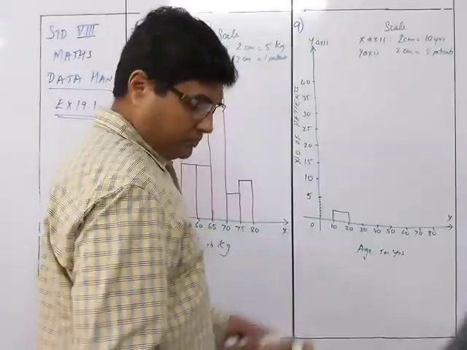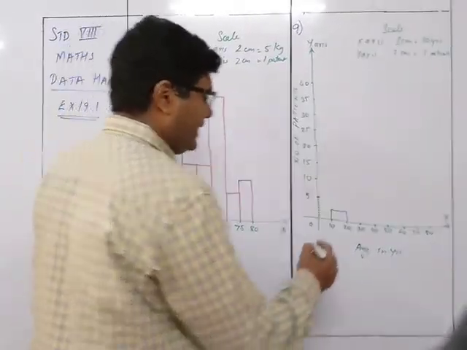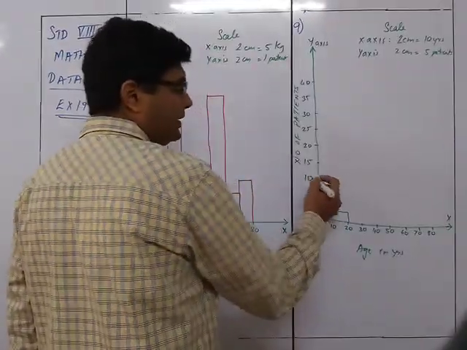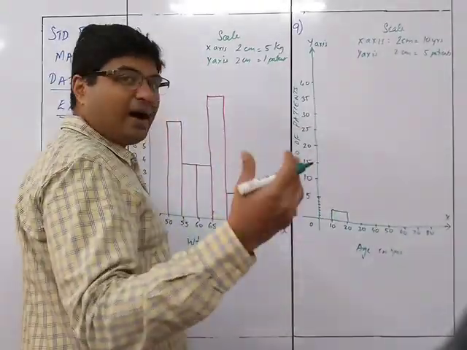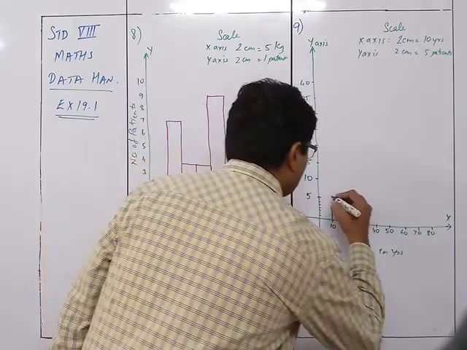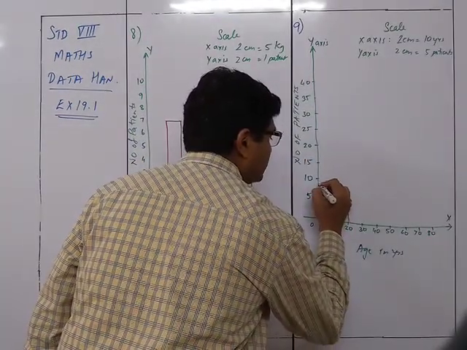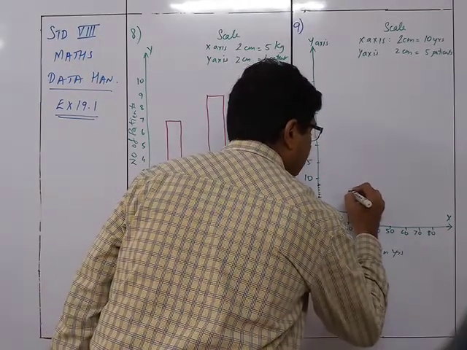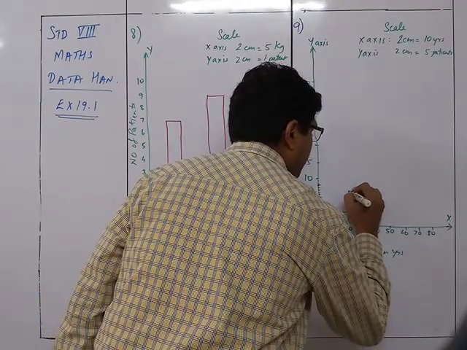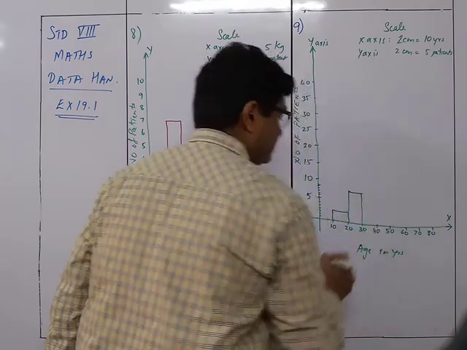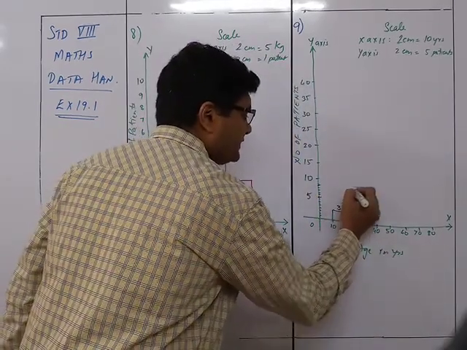The first one was 3. The second one is 8. 8 means after 5 you have 6 lines. After 5: 1, 2, 3, 4, 5, 6. So this 6th point over here will be my given 8. So this was 3, this was 8.